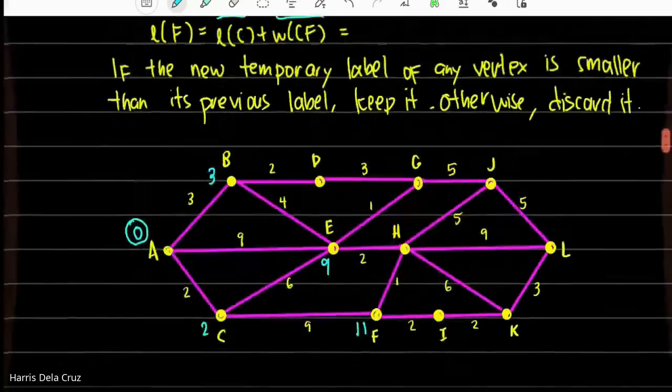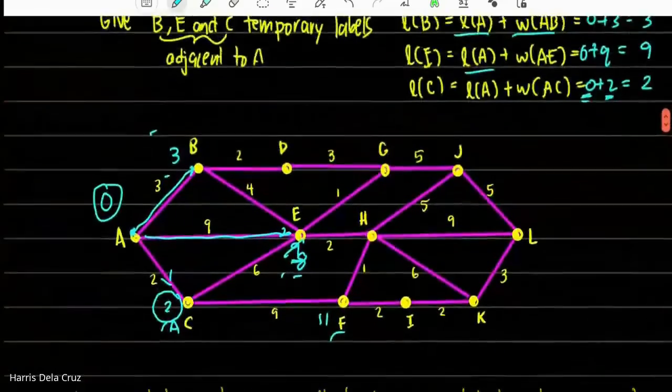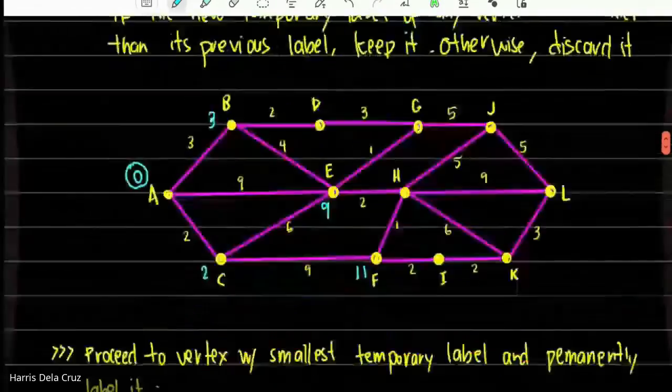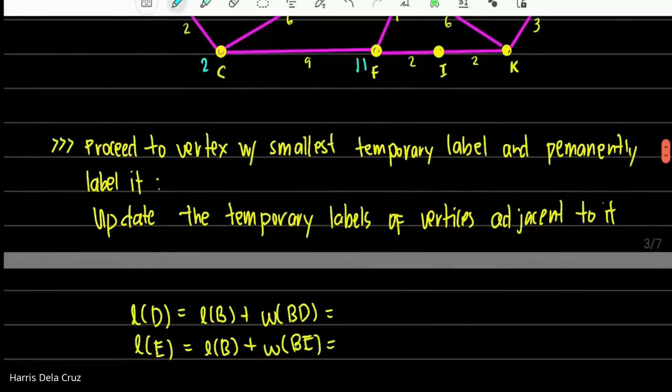So let me go back here. So if i-fix ko na to, sasabihin ko galing ako kay A, and then I'll repeat the algorithm mula kay B. So again, ano yung algorithm? Mula kay B, so dito ipipix na natin, L of B is 3.